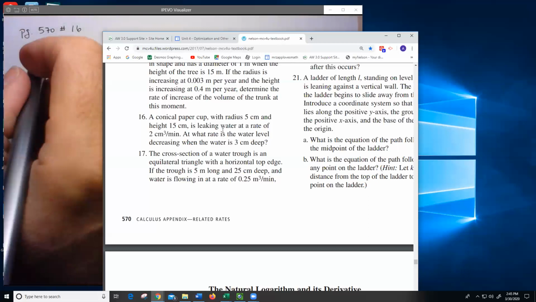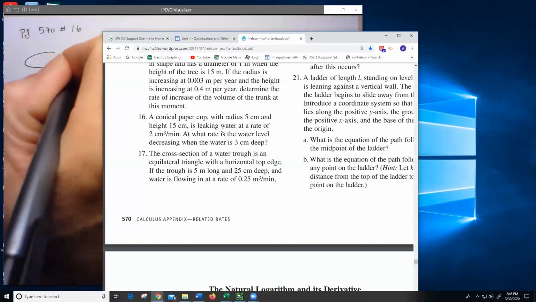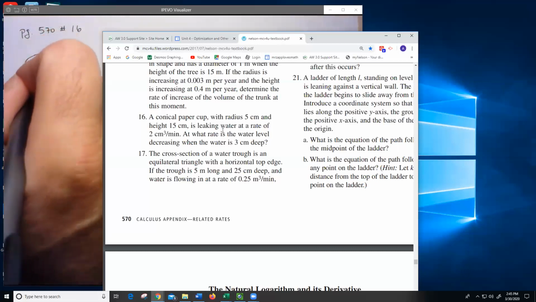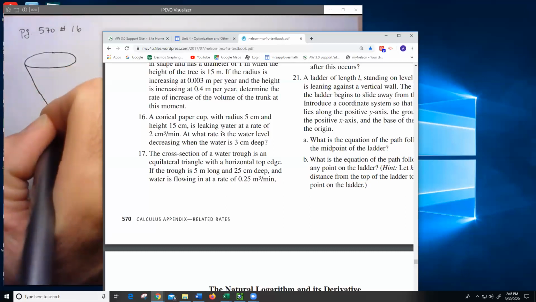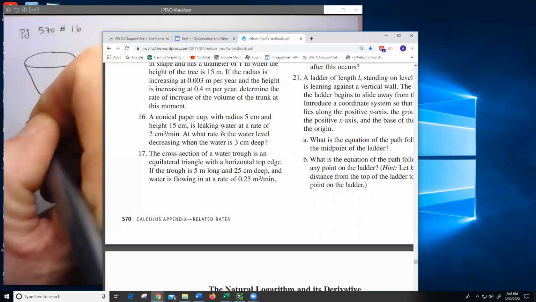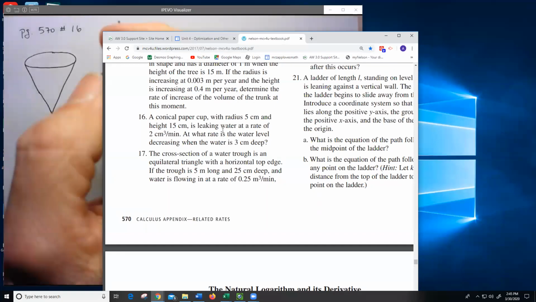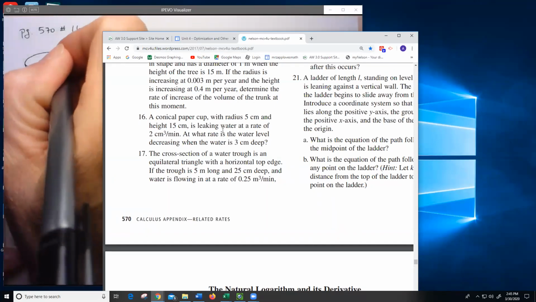Okay, so as usual, let's draw a diagram here. So I've got this cone. Actually, I probably should have just drawn a cross section of it. Okay, that would have been a little easier. All right. And it tells me that the radius is 5.